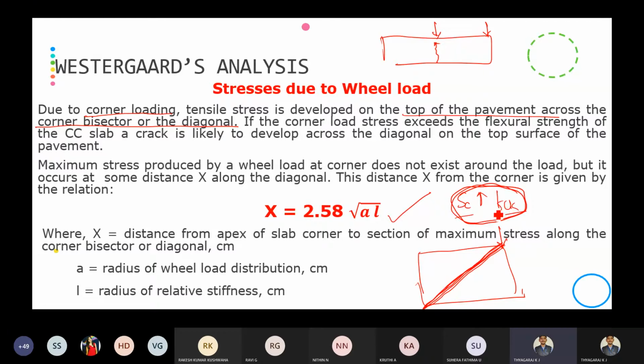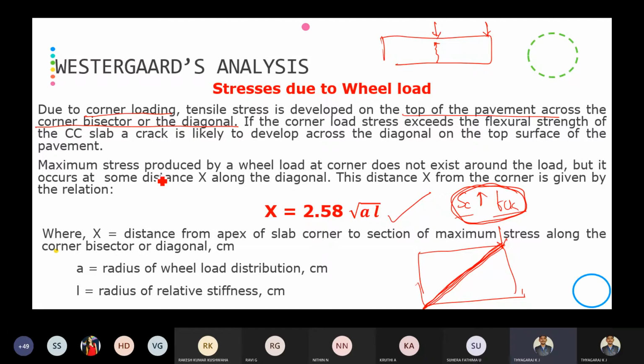When the corner load stress is more than the flexural strength of the concrete, then only we can expect cracking of the cement concrete slab. In the actual field also, if the corner loading is more, then only the pavement is going to fail. If you go for edge loading and interior loading, the pavement will not fail. Because of this corner stress, the pavement is going to develop the crack.